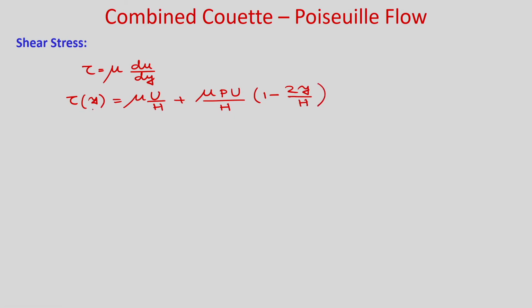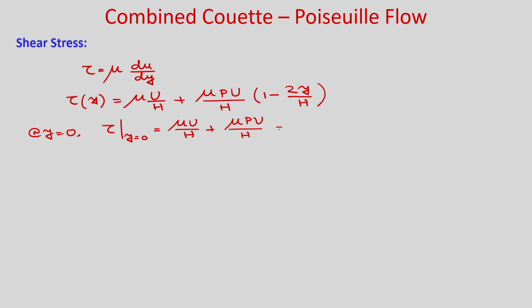Okay. Now, if we want to find the shear stress at the bottom wall, then at y is equal to 0, we will get tau at y is equal to 0 as mu u by h plus mu p u by h.